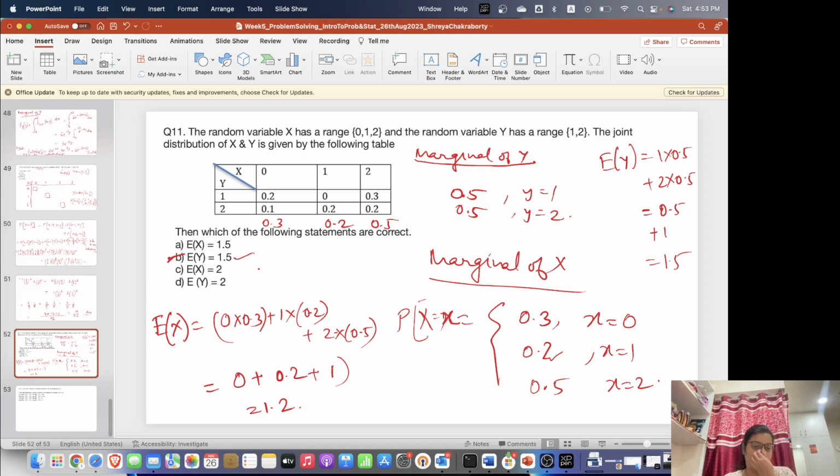This holds true. Okay. Yes. All right. So now we'll move on to the next one.